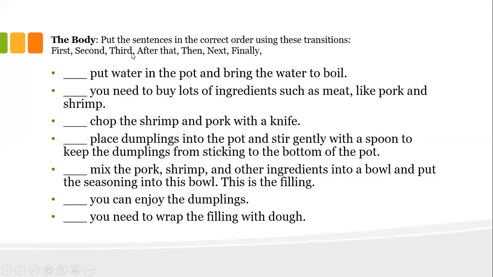First, second, third. The 4th step we'll start with after that. Then fifth step, next, the sixth step, and finally, the final seventh step. Read through and add these transitions, put these steps in order 1 through 7. Pause the video now.